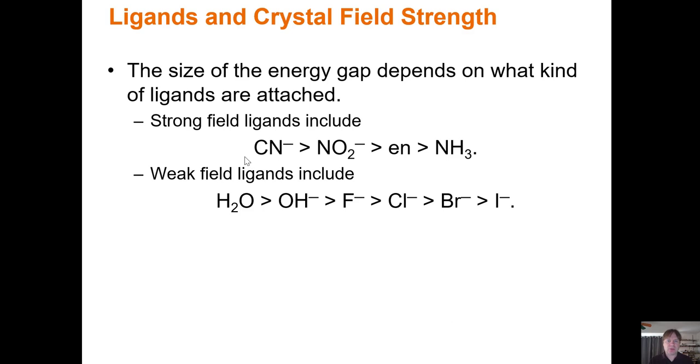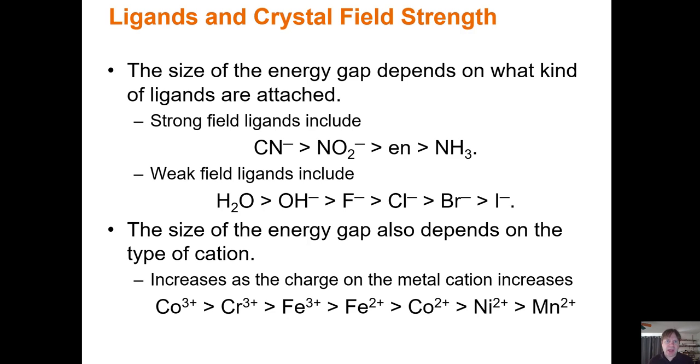You can see some of the strong field ones up here: cyanide, nitrite, I believe this is ethylenediamine, and ammonia. Okay, so these are stronger ones. Weaker ligands are things like water, hydroxide, and any of the halide ions. So these are differences in the strength of the ligand, how strongly the ligand binds to the metal ion, and that will determine some of how they end up forming these complexes.